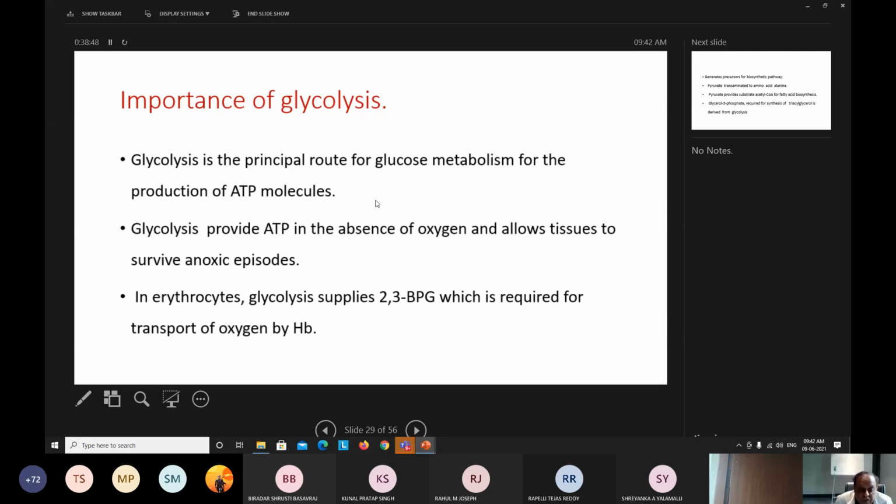In the erythrocytes, glycolysis supplies the 2,3-BPG, which is required for the transport of oxygen by hemoglobin, even when the person is at high altitude or in anemic conditions.